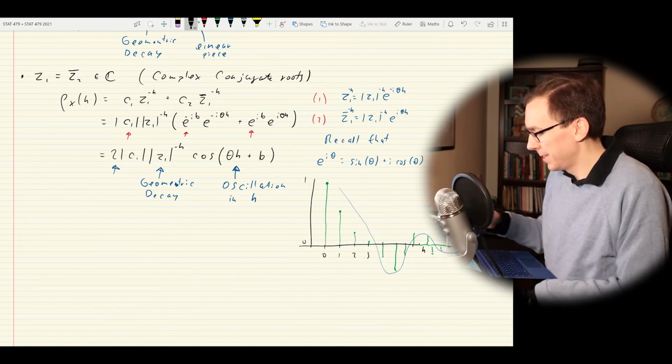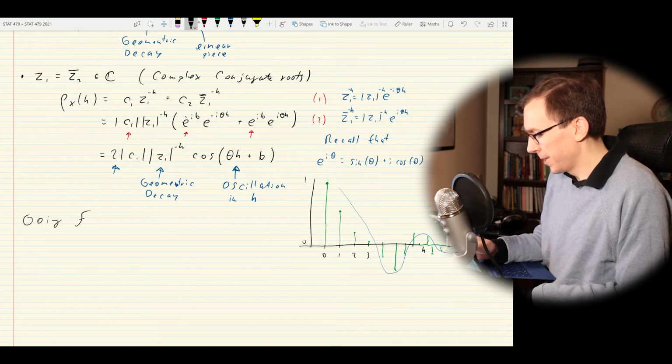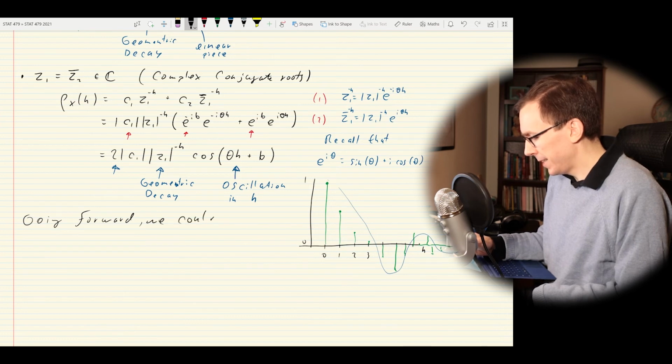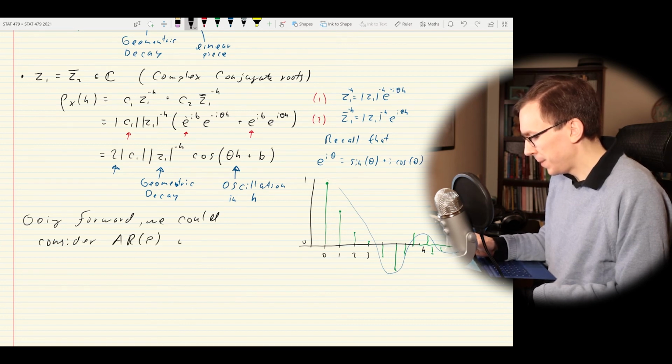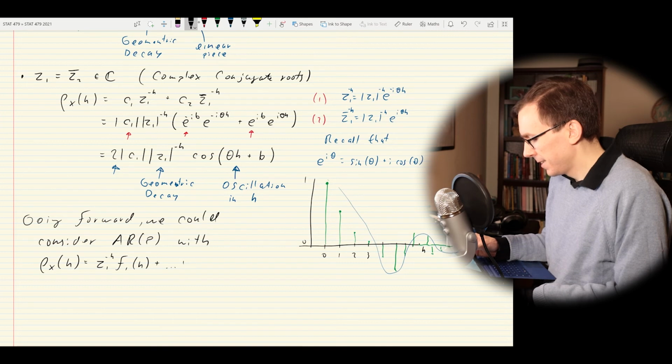All right, so going forward, we could consider AR(p) with rho x of h equaling something that's going to look like a bunch of geometrically decaying bits, with, I guess in this case, r.